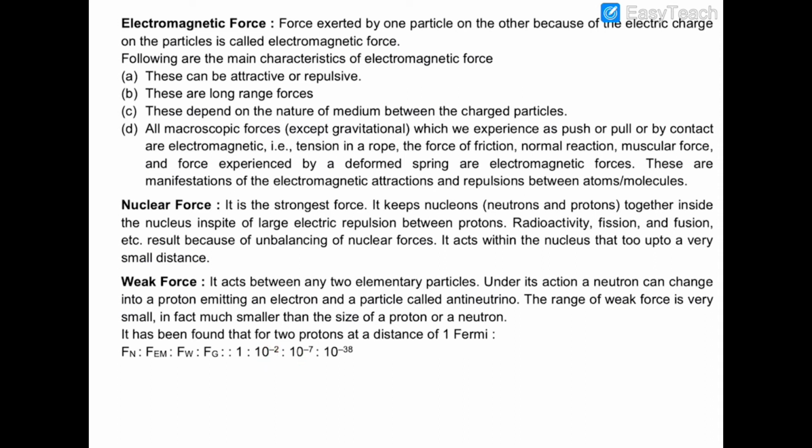And the weak forces are 10 to the power minus 7, in fact we can say 1 crore times smaller than nuclear forces. And gravitational force is 10 to the power 38 times smaller than nuclear force. So you can compare the strength of these forces by this ratio.